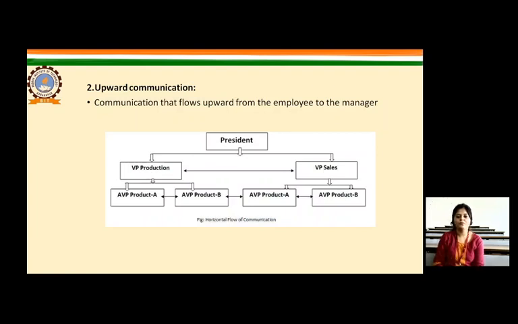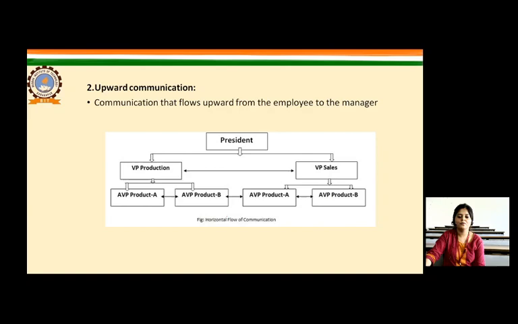Now let us see another form of communication, that is upward communication. The communication that flows upward from the employee to the manager. Here you can see that we have the assistant vice president regarding product A, the vice president, that is assistant to, regarding product B, and this is for the production department, and similarly we have it for the sales department.